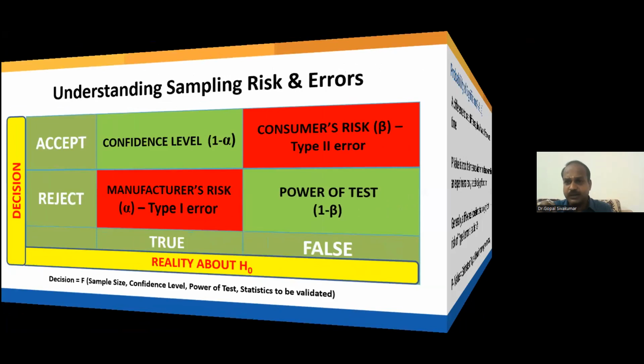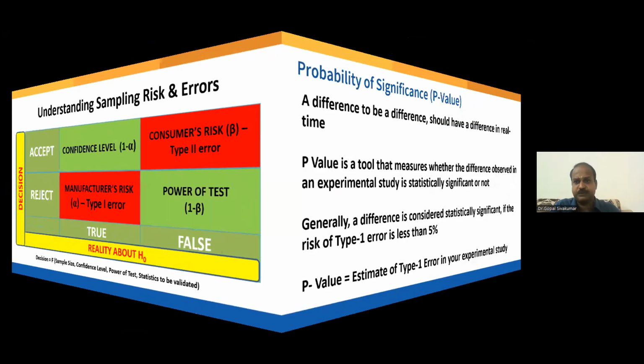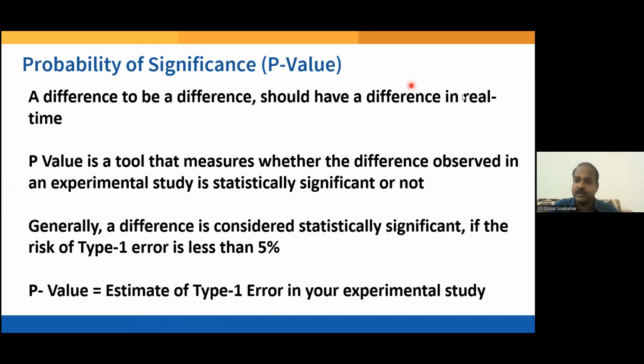So, probability of significance, p-value. A difference to be a difference should have a difference in real time. Am I right? See, just because you got a difference in the study, it doesn't mean there is a difference. Am I correct or not? Say for example, our Sridhar Krishnasamy, he scored 80 marks, and our Gurmeet Singh scored 79 marks.